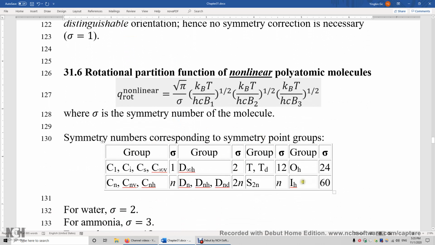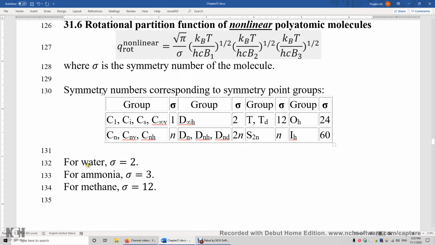Over here, similarly, when you have a water molecule, after you rotate this molecule about the principal axis 180 degrees, you cannot tell the difference. Therefore, sigma is 2. Ammonia, sigma is 3. Methane, sigma is 12. Again, for methane, you can rotate this molecule 12 different ways, and they are all indistinguishable from each other.